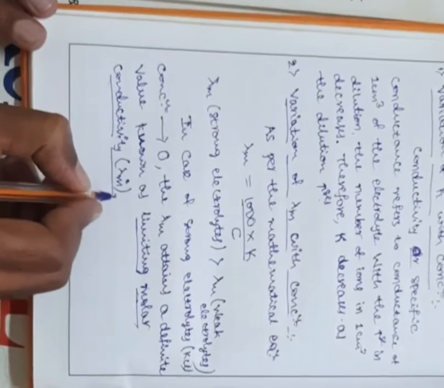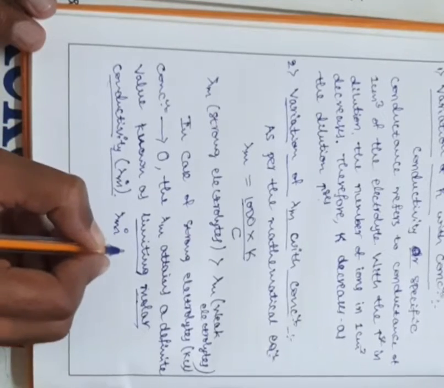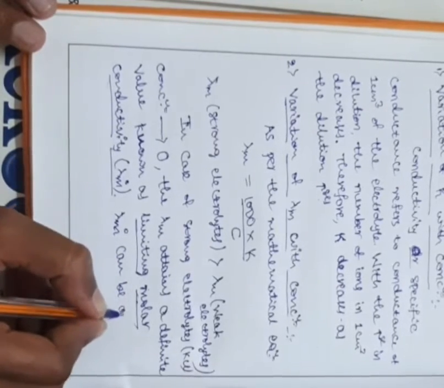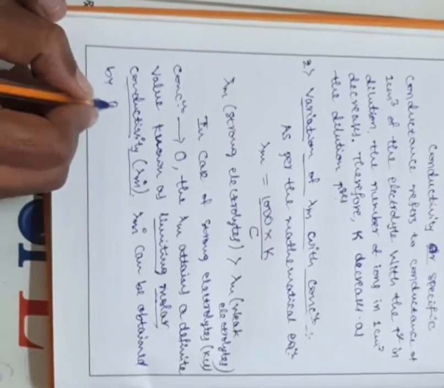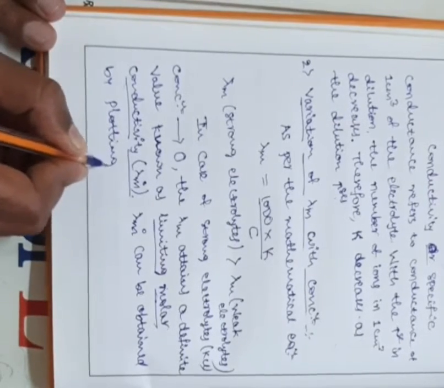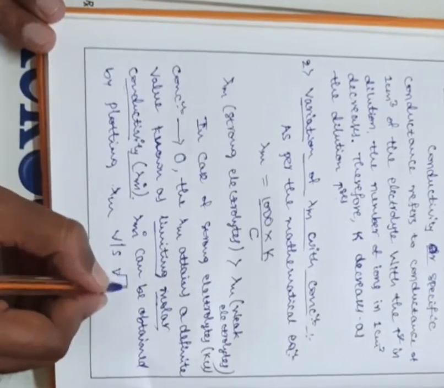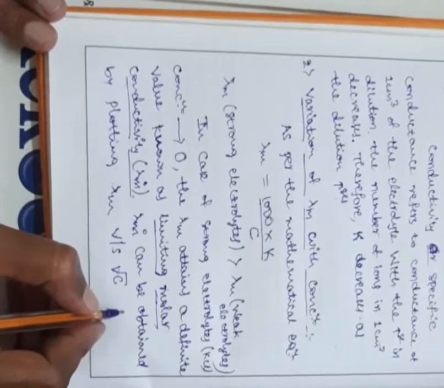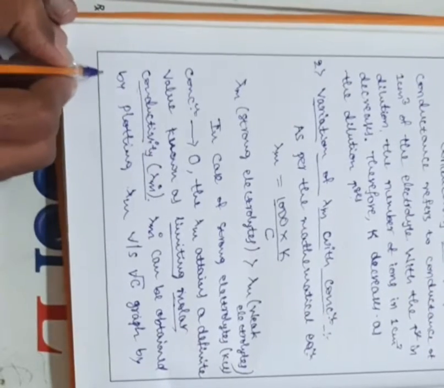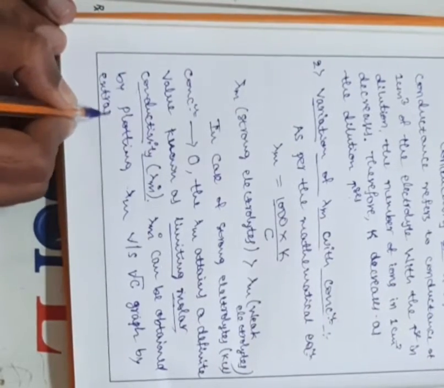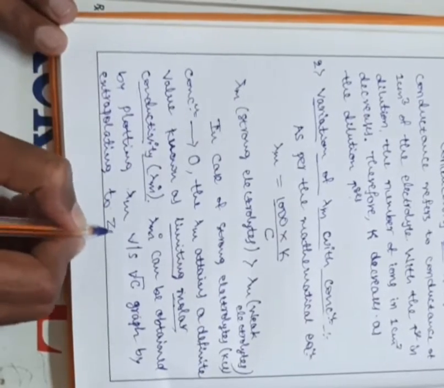This lambda m naught can be obtained by plotting lambda m versus root c and extrapolating the graph to zero concentration.